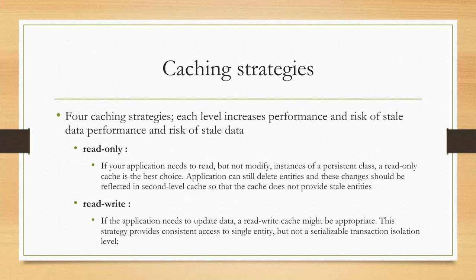If your application needs to read but not modify the instances of a persistence class, that means entity objects, a read-only cache is the best choice. An application can still delete entities, and these changes should be reflected in the second level cache so that the cache does not provide stale entities.